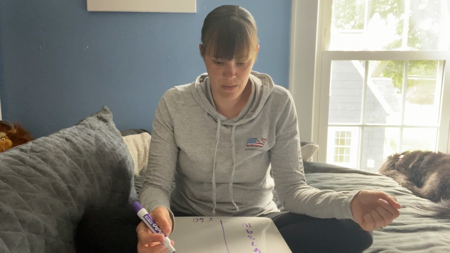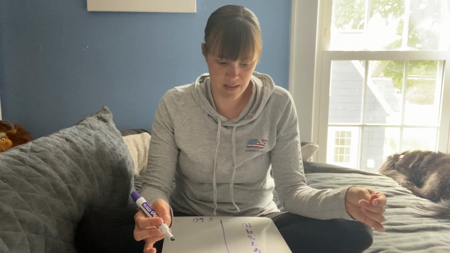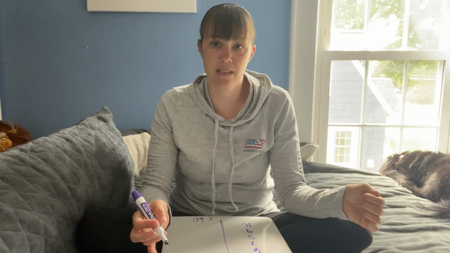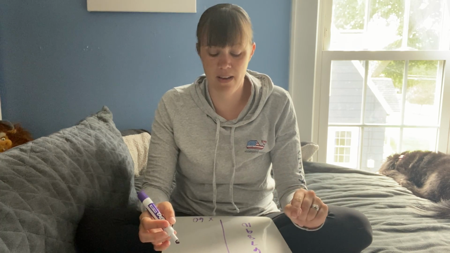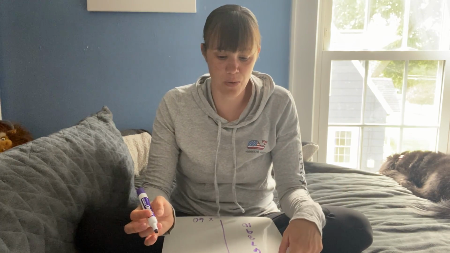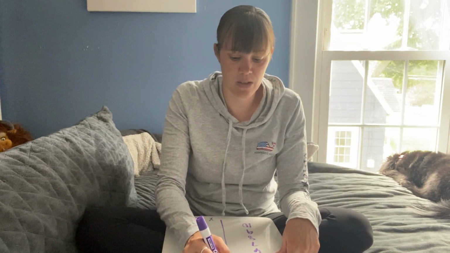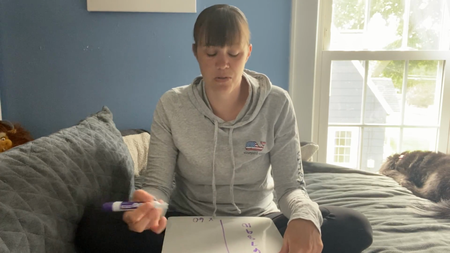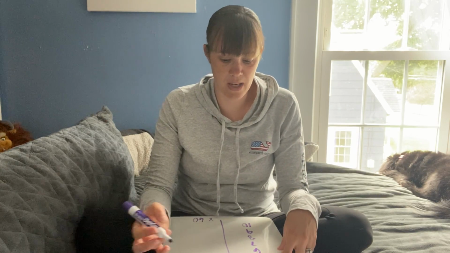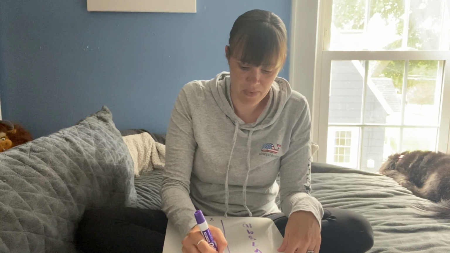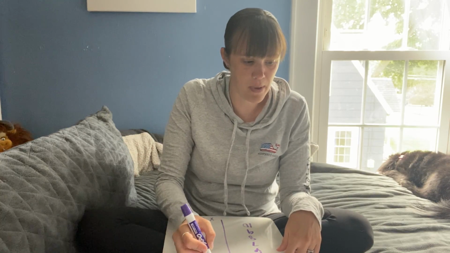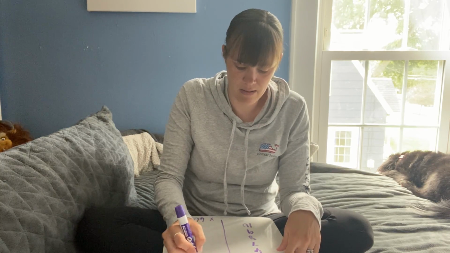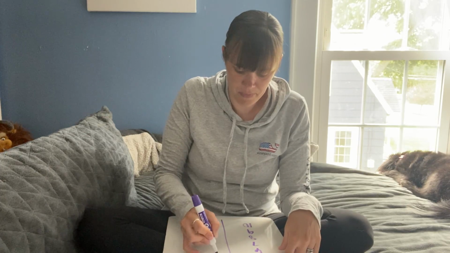So really, we could take this and multiply by 6 and then add our 0. I didn't tell you that, but that's really what we can do. So like 2 times 6 is 12, and then add your 0. So 120 seconds in 2 minutes. So you can actually skip count by 6 as long as you add the 0.